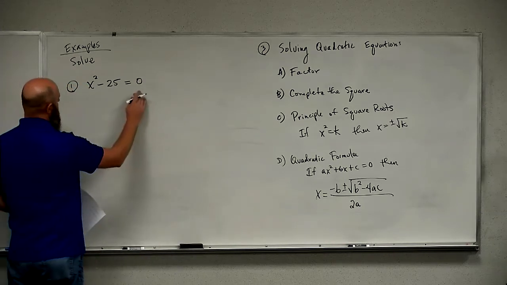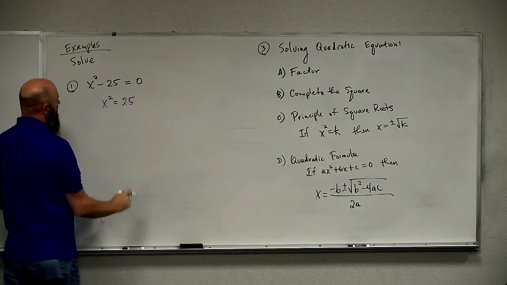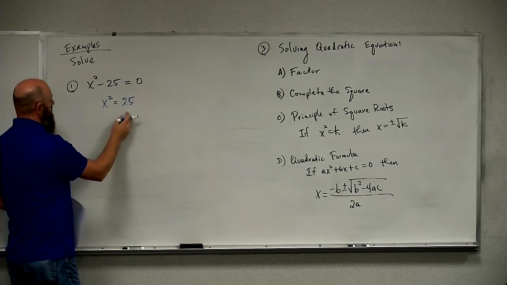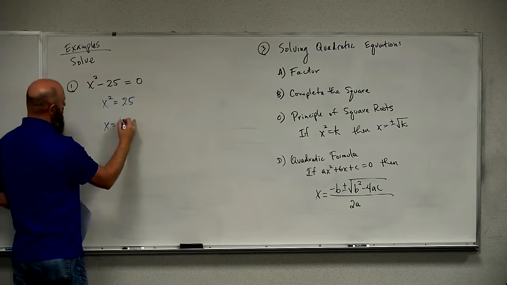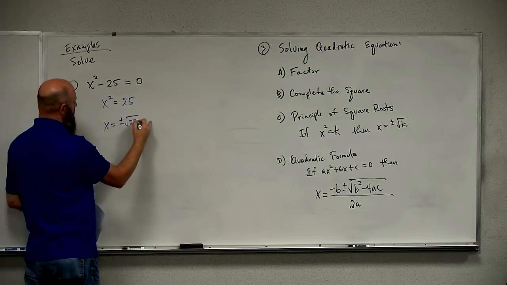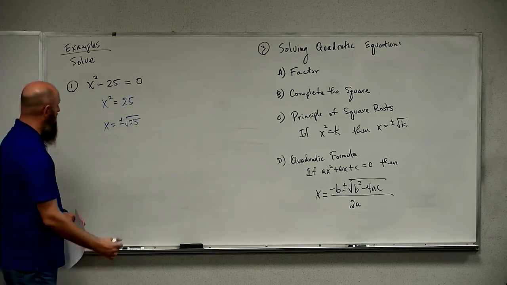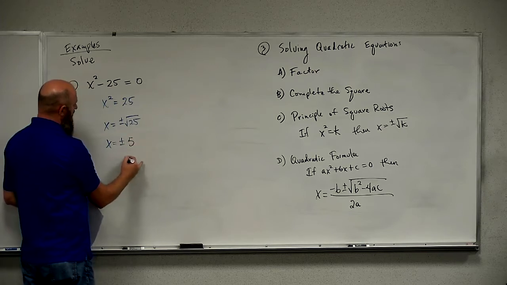Because if I add this 25 to the other side, x squared equals 25. Now I can take the square root on both sides. So x equals plus or minus the square root of 25. Well, we know the square root of 25, so x equals plus or minus 5.